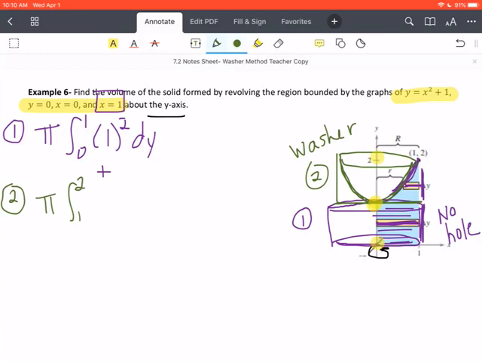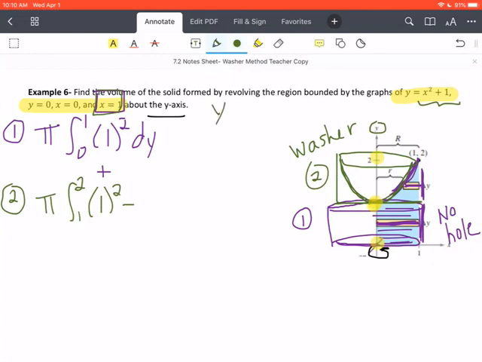It would be tempting to, okay, we can go ahead and use x equals 1 again because that is actually my outer function. So I have 1 squared. But what's my inner function? It would be tempting to use x squared plus 1. But if we are rotating about the y-axis, what do we have to do? We have to rewrite this in terms of y because we have to have y's in our integral.